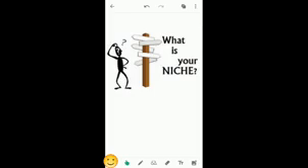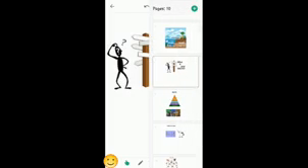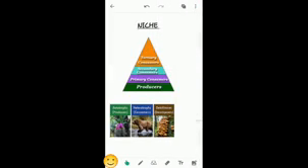For example, plants and algae are producers, animals are consumers, and bacteria are decomposers. Now, when we look at an ecosystem, this is an example of a pyramid showing different organisms that are performing different niches.